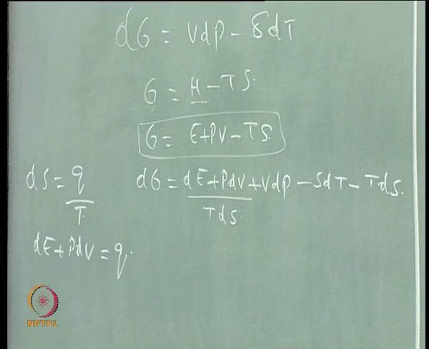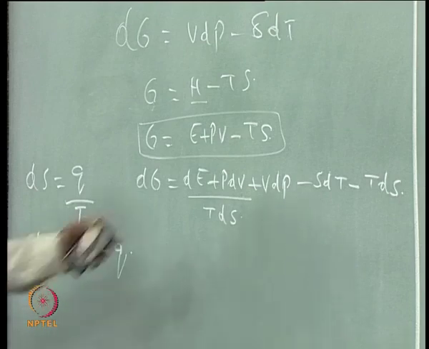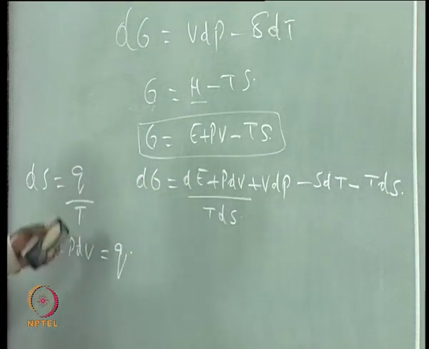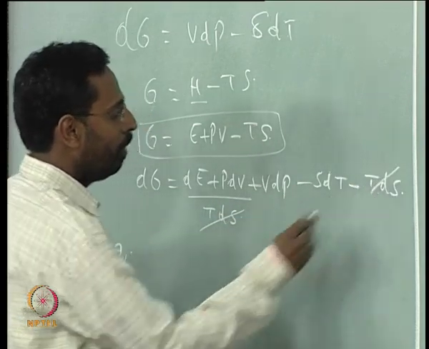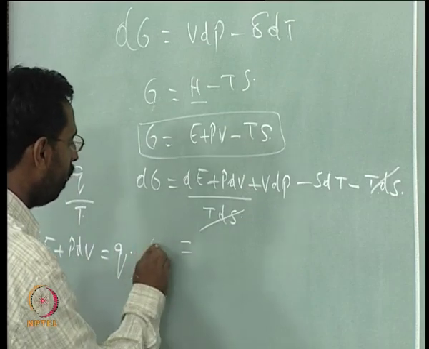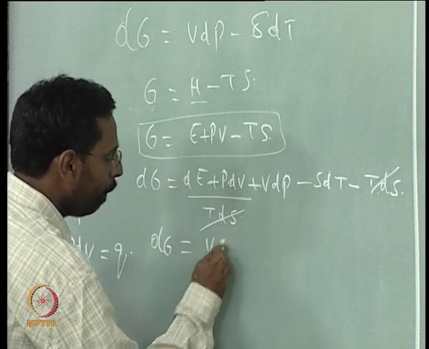Am I right? That is the heat content. So I can write this as TdS, and this goes off. So what is left is dG is VdP minus SdT.